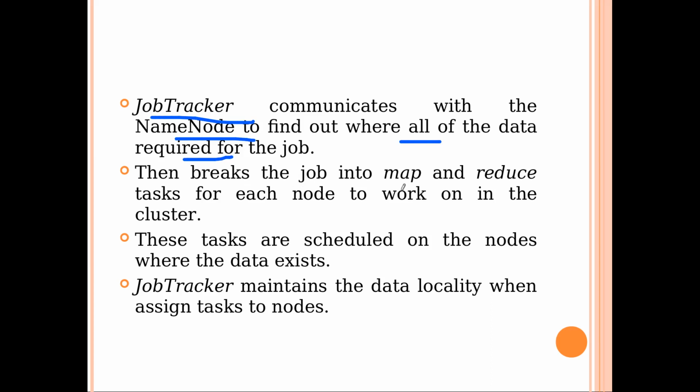Then it will break the job into map and reduce tasks, and it will execute as I was mentioning in the previous slide. All the tasks are scheduled on the nodes where the data actually exists. That is why it has the feature called data locality. So the job tracker maintains the data locality when assigning tasks to the nodes.